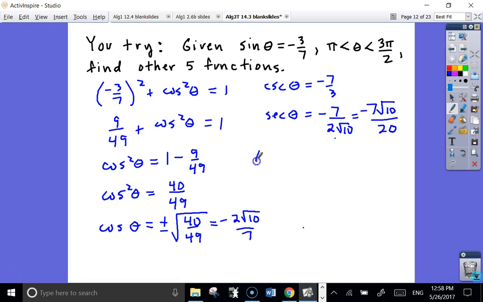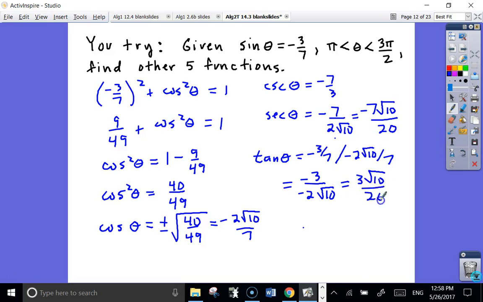All right, the tangent is the sine of negative 3/7 divided by negative 2 times the square root of 10 over 7, which is negative 3 over negative 2 times the square root of 10. Rationalize, and negatives cancel. 3 times the square root of 10 over 20.